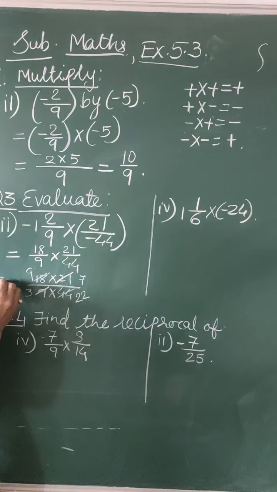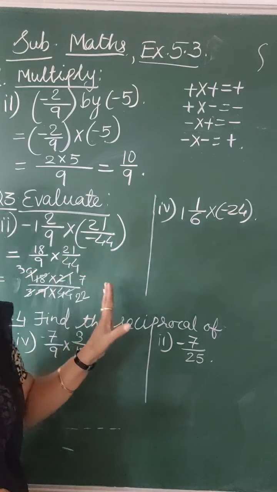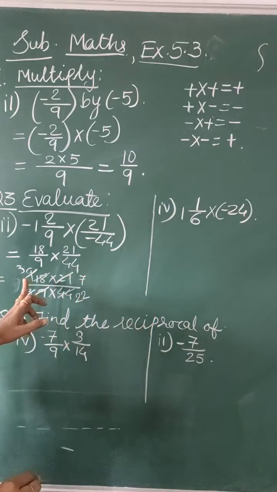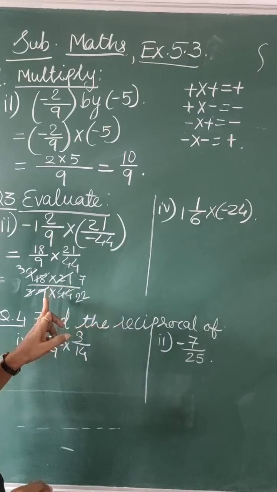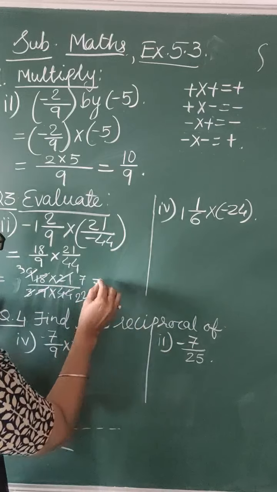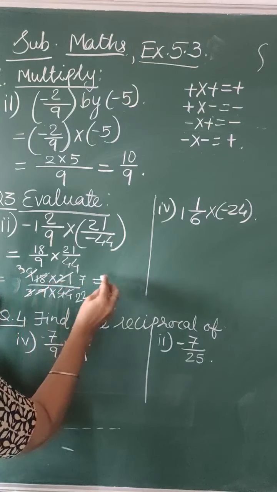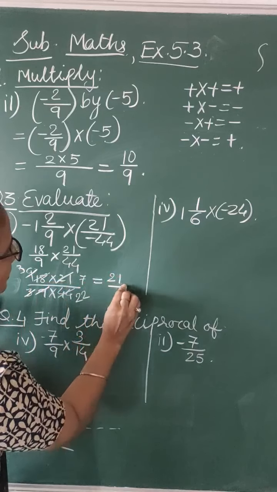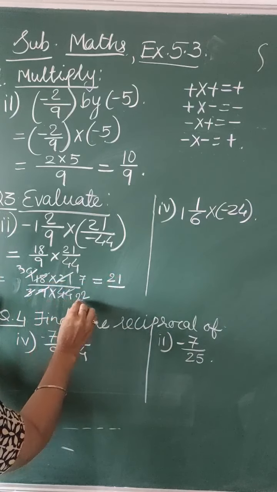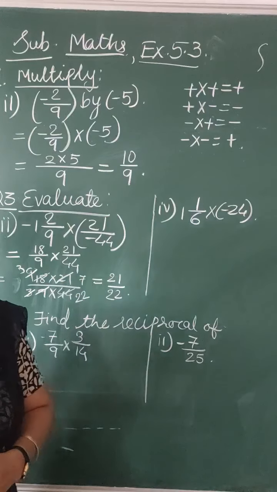So what we do? 3 1s are 3, 3 3s are 9. Now after writing in the simplest form, whatever is left in the numerator and denominator, you have to simplify and write. So what is left? 3 into 7. So 3 into 7 is what? 21 by, here in the denominator 22 is the answer.